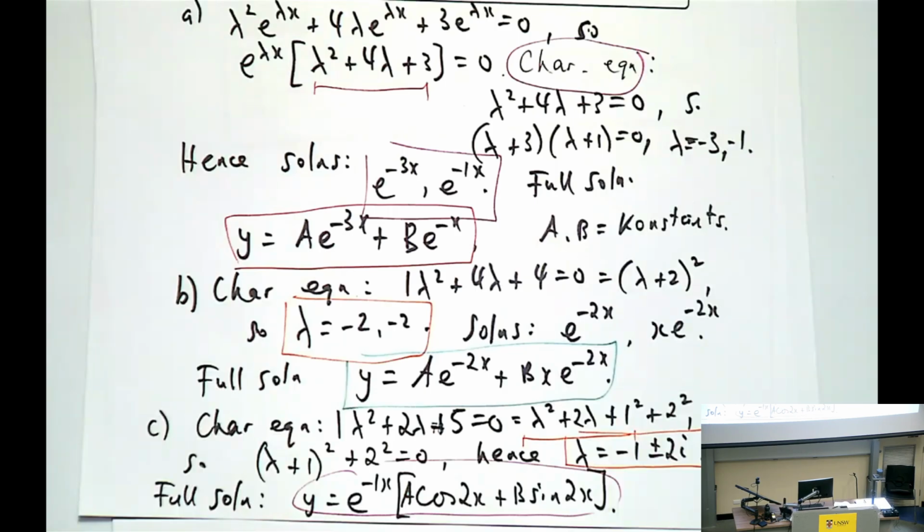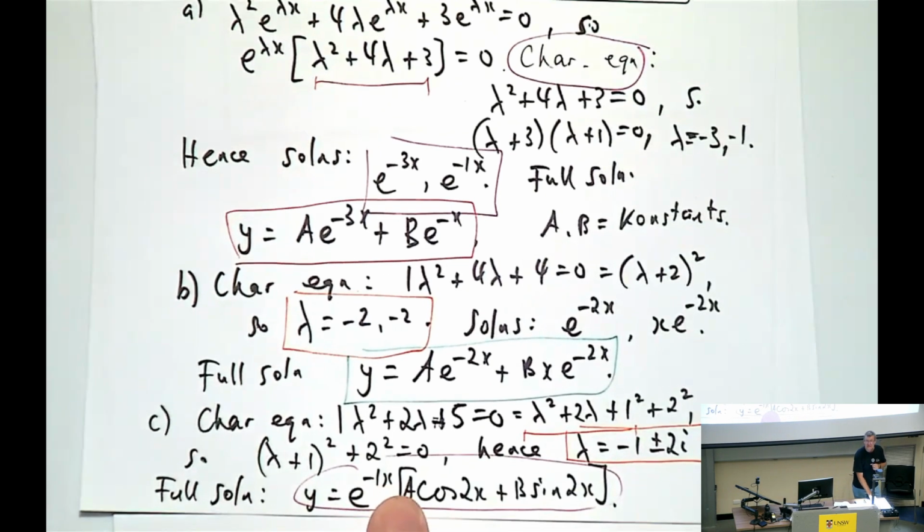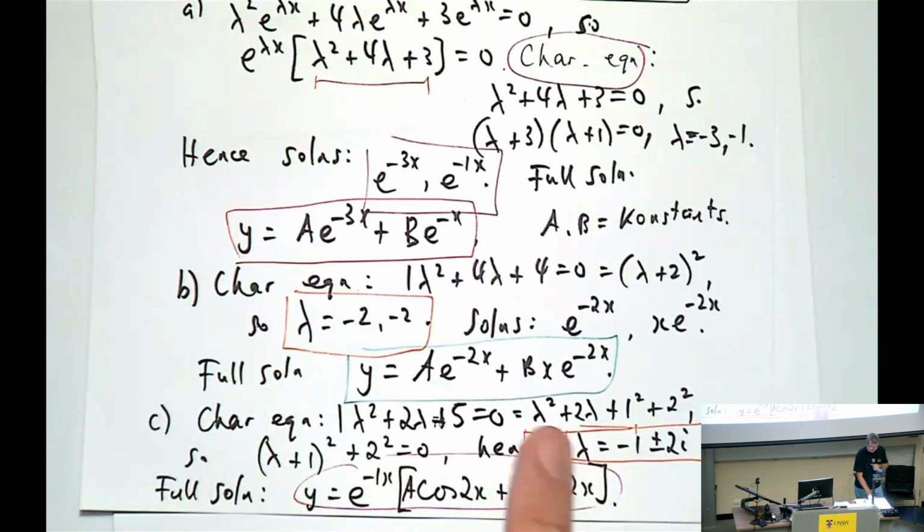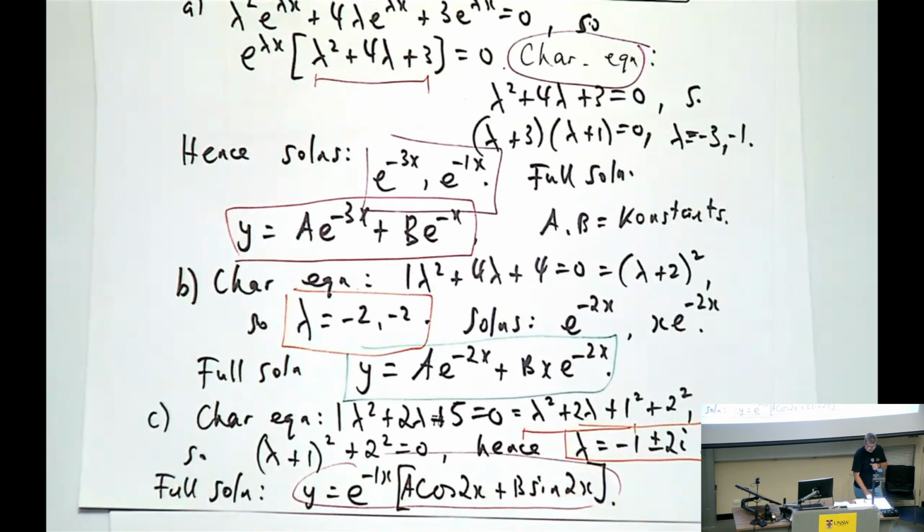In this case, the lambda is complex valued, right? That wasn't the case in the other ones. You can use things from Math 1A like Euler's formula to come up with that. So this is just multiplying here with the square bracket. It's not up in the exponential or anything.